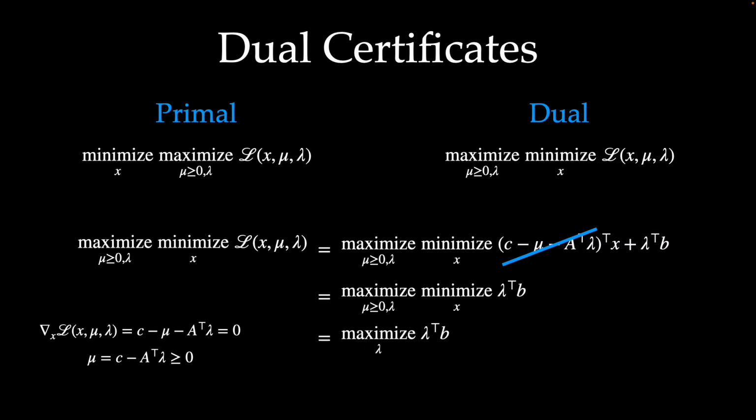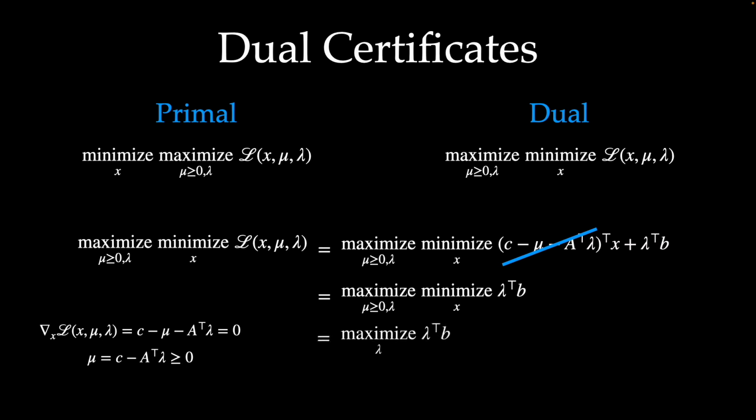If we remove that, we just get maximize with respect to lambda, because mu also doesn't show up here. So we just have maximize with respect to lambda of lambda transpose b. However, just because we've dropped mu, we still have the constraint on mu, that mu equal to c minus A transpose lambda is greater than or equal to 0. So we still have that.